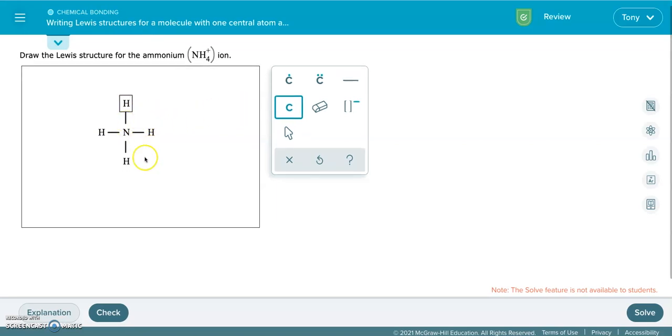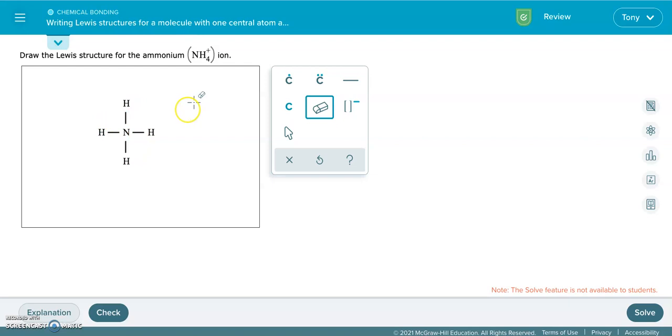And now we can pause here and count our electrons again. We said that we should end up with 8 because 9 minus 1 is 8. That's how we get to this +1 charge. We're removing that electron, removing that negative charge. And then I've got 4 bonds, 2 electrons in each bond, 2, 4, 6, 8. So I've got the right picture.